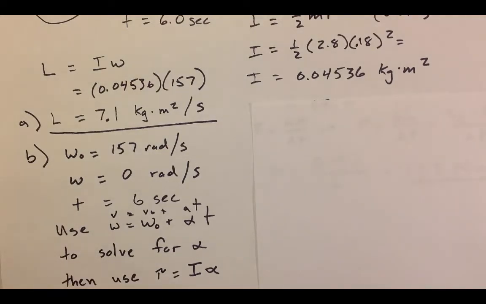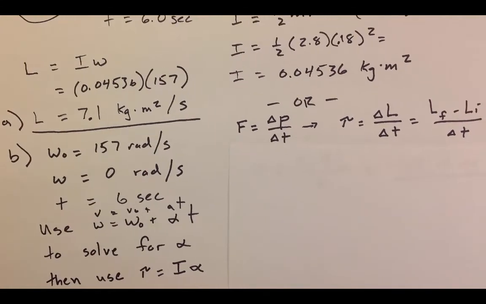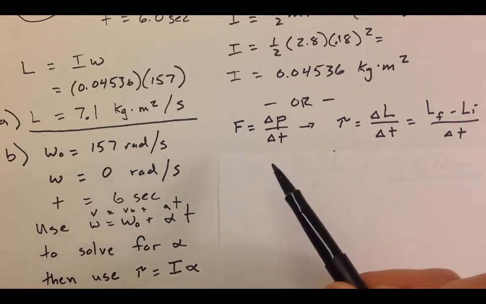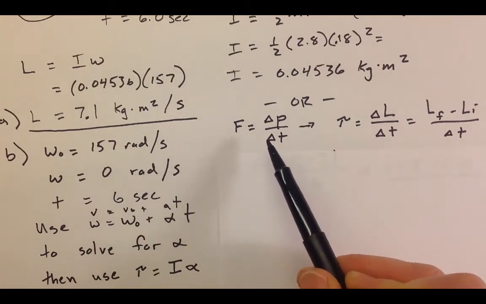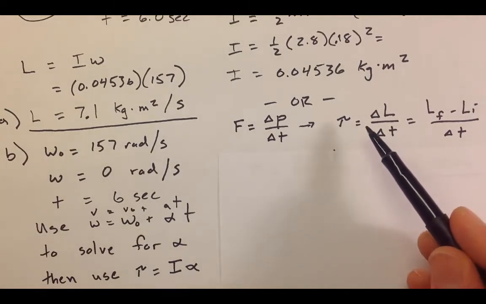And then I noticed in the book that they did it a little more straightforward. So I thought we should talk about that. So let's scooch this over just a hair here. So we remember in the linear world that a force is something that changes the momentum of an object over time.